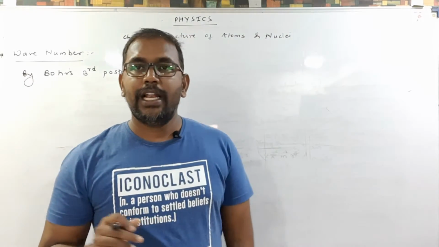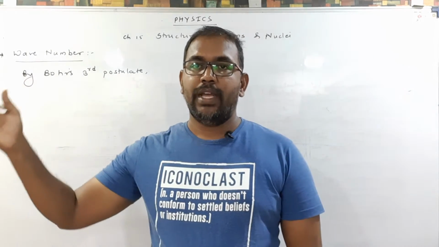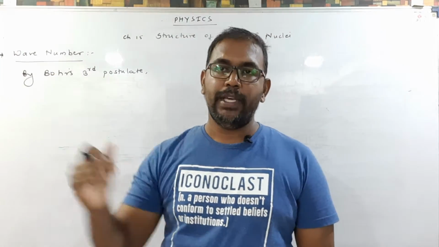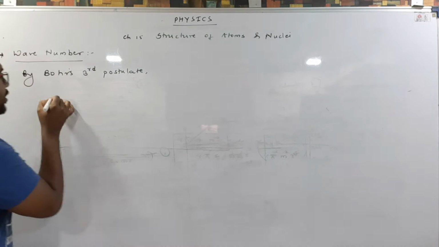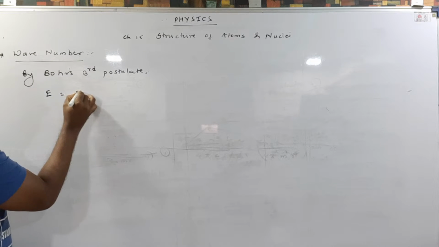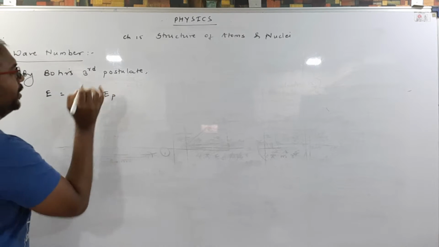Now I consider that electron jumps from nth orbit to inner orbit p. Then we can write energy radiated is equal to En minus Ep.